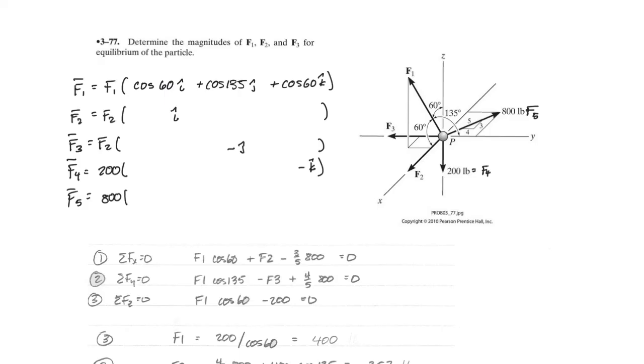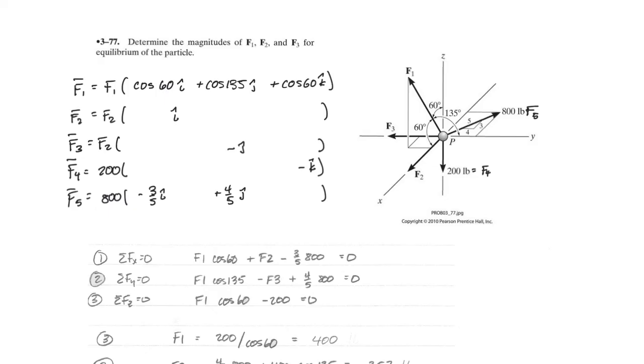In the X direction, it looks like it has the 3/5 component going in the negative I direction, has a positive 4/5 component going in the positive J direction. So it'd be negative 3/5 I plus 4/5 J, and nothing again in the K. Now we have our 5 forces defined.